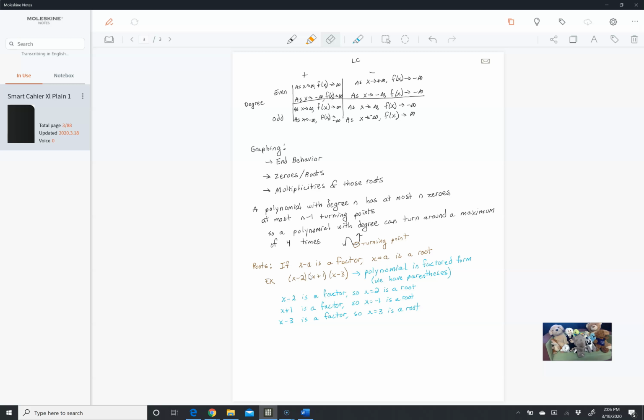Okay, so the multiplicity of a root is the exponent of the factor.